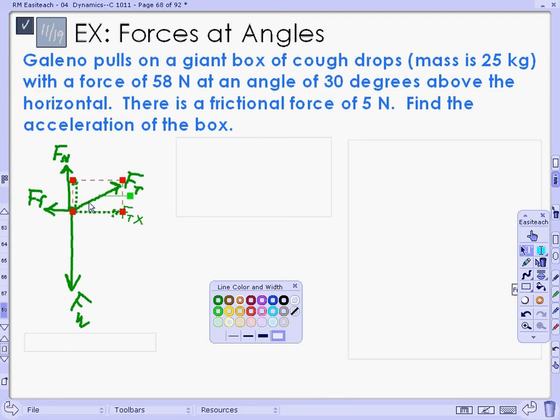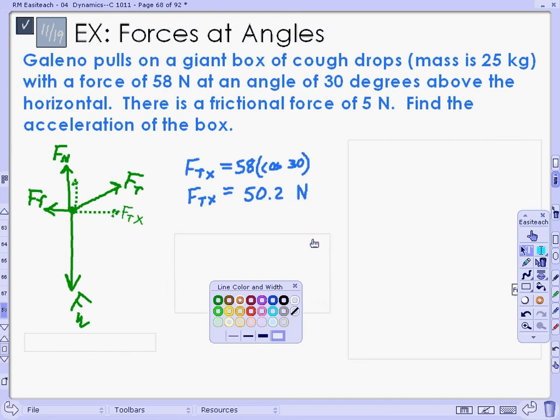Should it still be in the diagram? Yes. But I'm saying we kind of replace them with other forces that are more useful. So we have an angle and we have a hypotenuse. This is 30 degrees. It's very small, but you can tell I just wrote the angle in there. This force is 58 newtons.